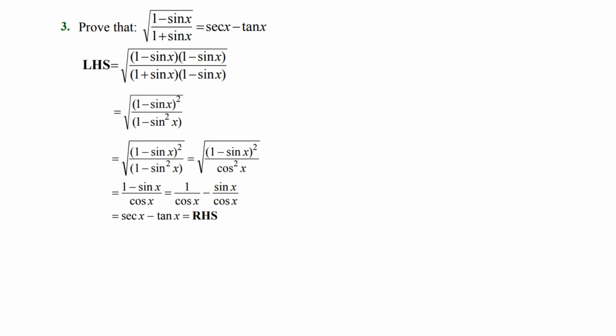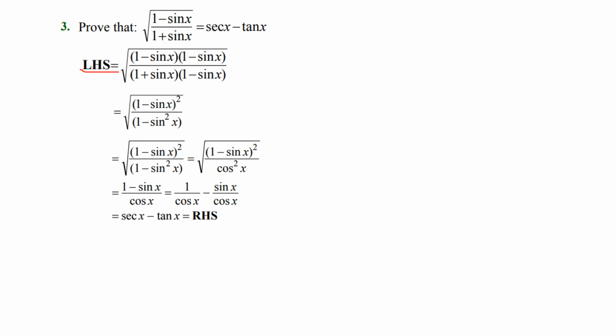And this one we have square root of 1 minus sin x divided by 1 plus sin x is equal to secant x minus tan x. So consider the left hand side: square root of 1 minus sin x divided by 1 plus sin x, and here we multiply by the conjugate of the denominator. The denominator we have is 1 plus sin x, so the conjugate will be 1 minus sin x.